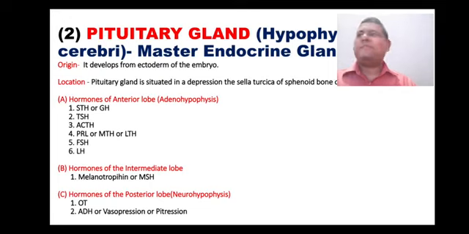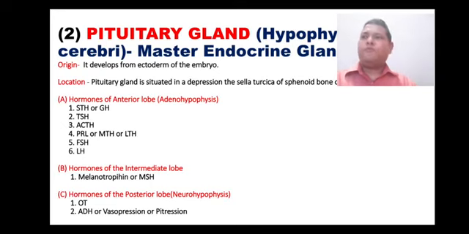Target cells are the cells of the thyroid gland. Number 3, ACTH, adrenocorticotropic hormone. This hormone stimulates the cortex of the adrenal gland to produce its hormones. Target cells are cells of the adrenal cortex.